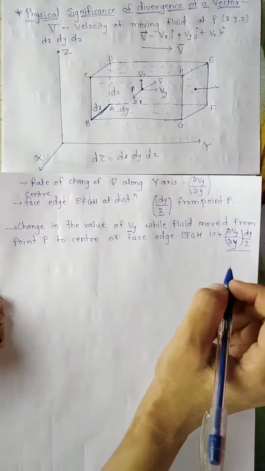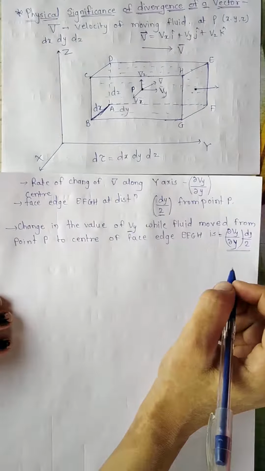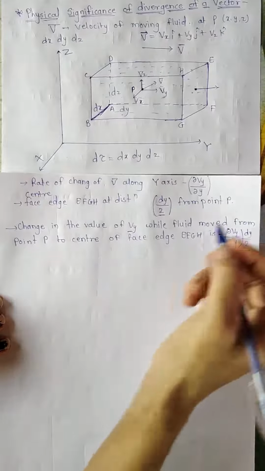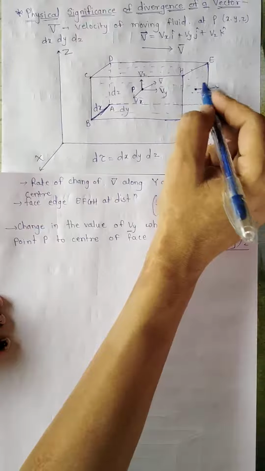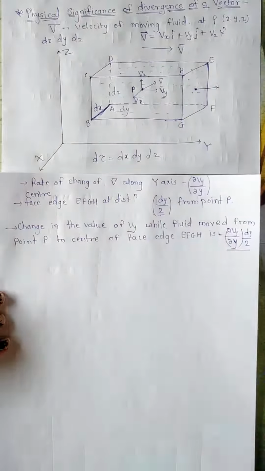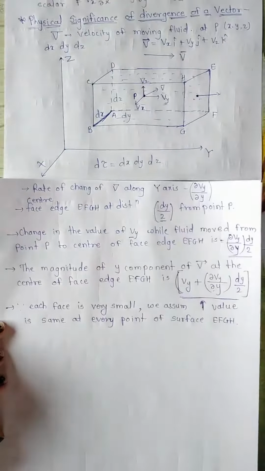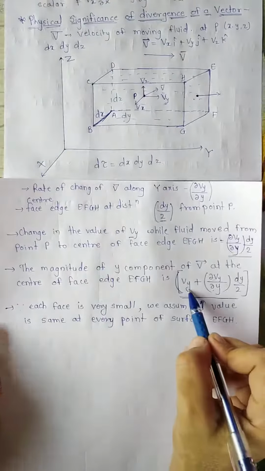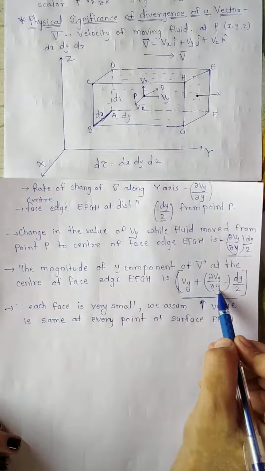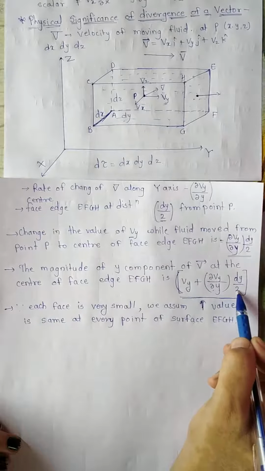So the total magnitude of the y component of V bar at the center of the face will be Vy plus dou Vy upon dou y into dy upon 2.